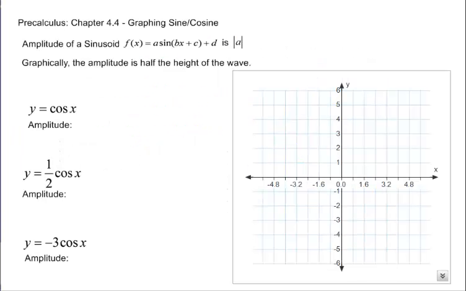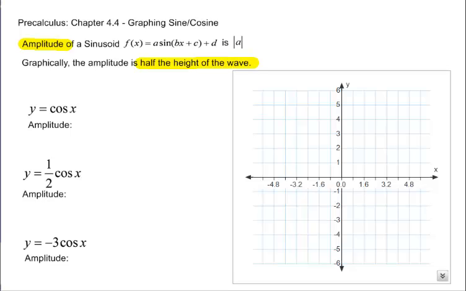Okay, now when we talk about what's going on with your sine and cosine curves, one thing that we need to always be aware of is the amplitude. The amplitude is basically half the height of whatever your wave looks like.